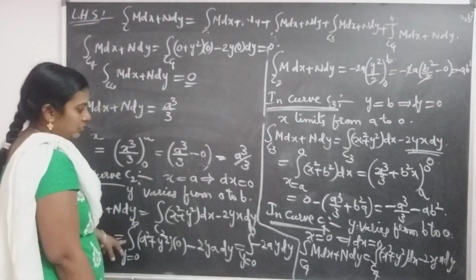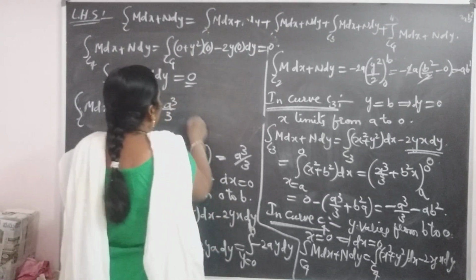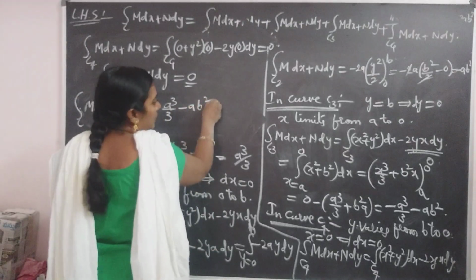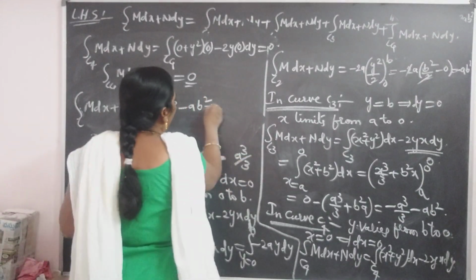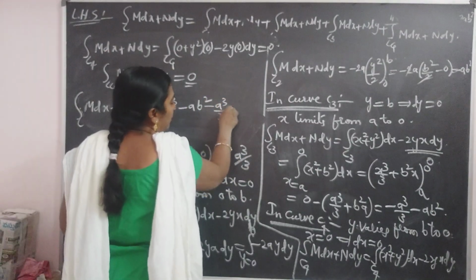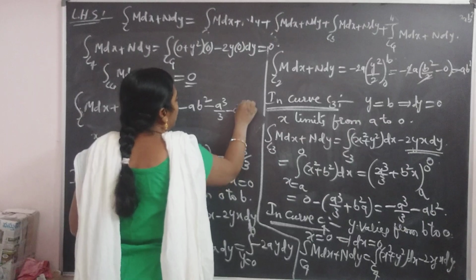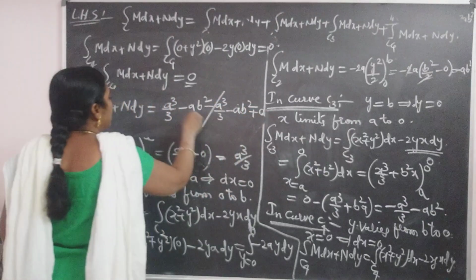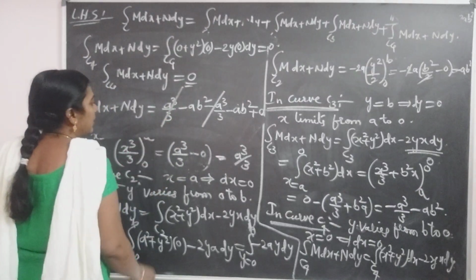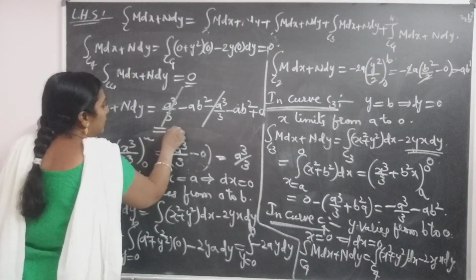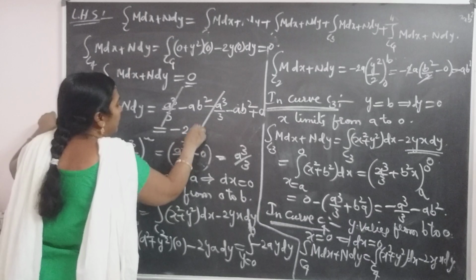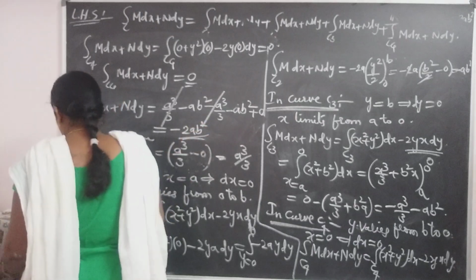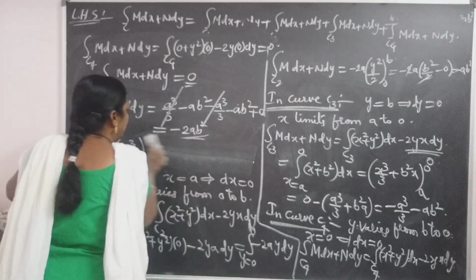In C2 the value is minus ab square. In C3, minus a cube by 3 minus ab square, plus 0. Plus a cube by 3 and minus a cube by 3 get cancelled, so it is equal to minus 2ab square. That is the LHS value.